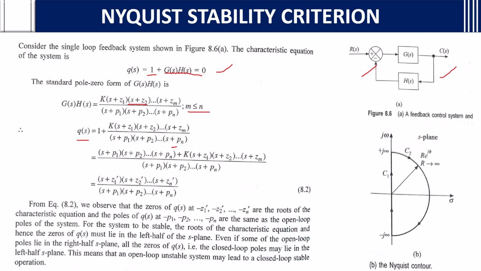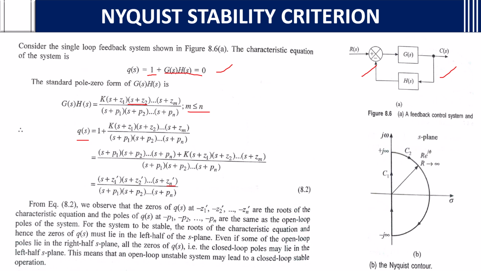By adding these two terms, you can modify the whole numerator like this, zeros over poles. The dash represents s + z1', s + z2', and so on. You remember this.